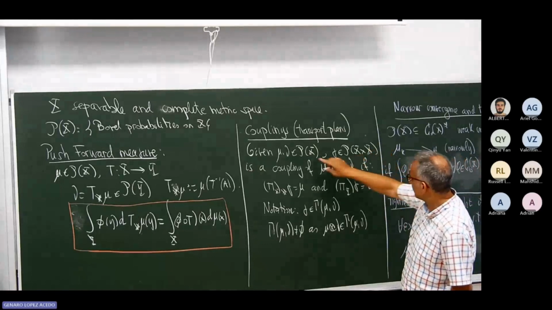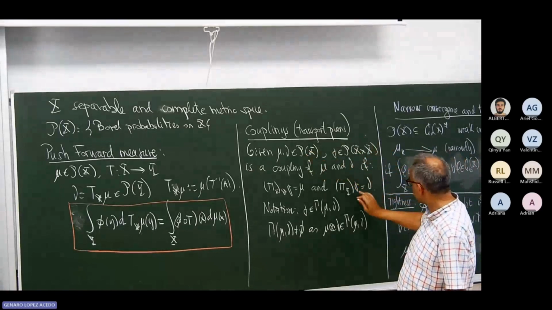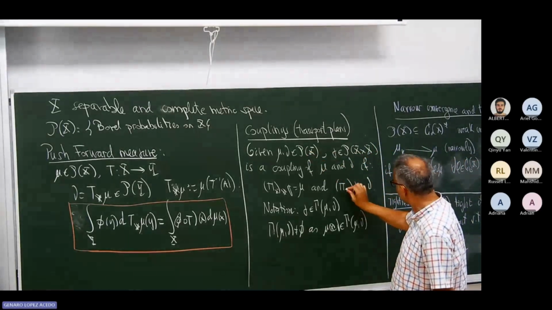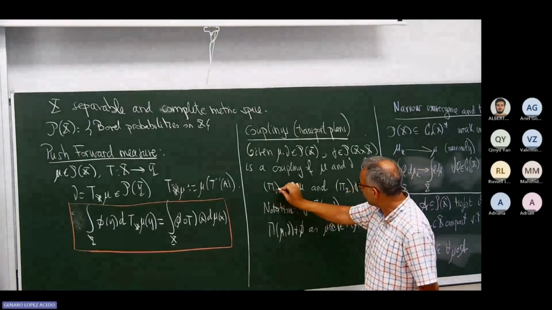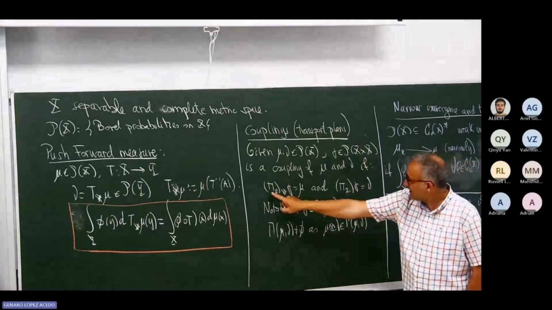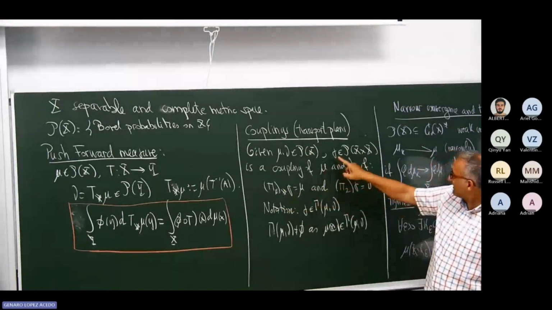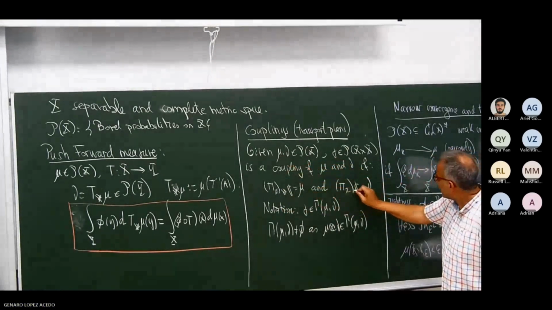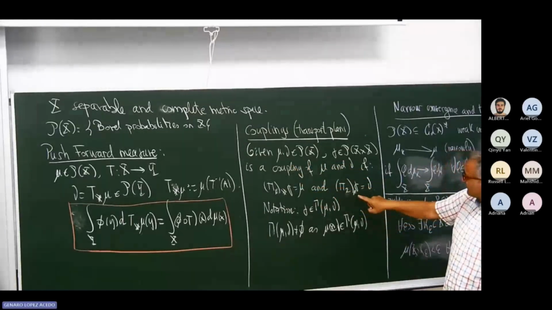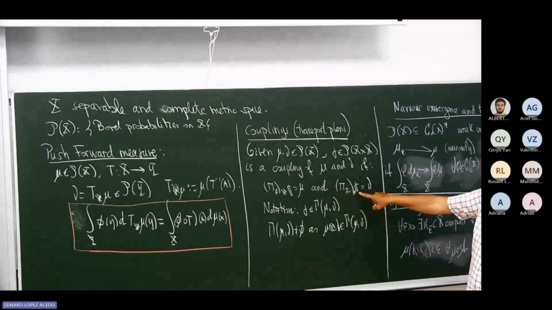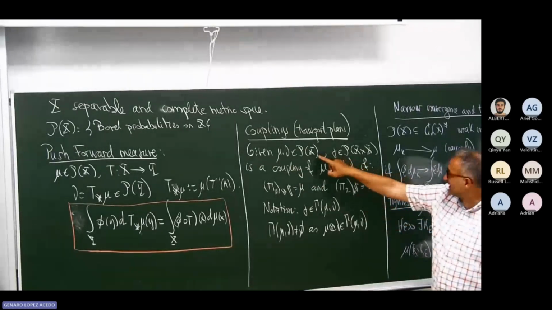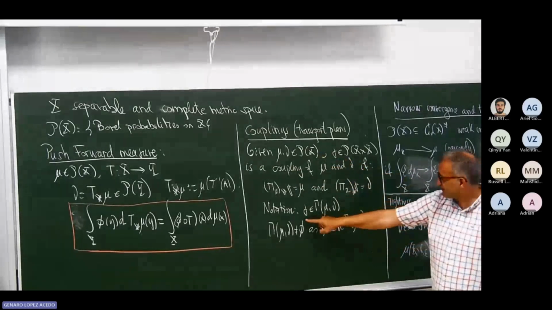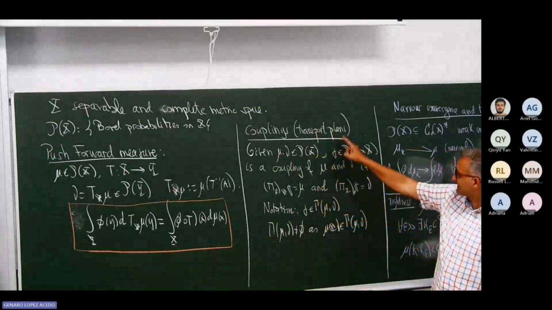The margin on the first coordinate has to be one of the probabilities, and the push-forward on the other variable has to be the other probability which was at the beginning. And then we have what is called a coupling or a transport plan.